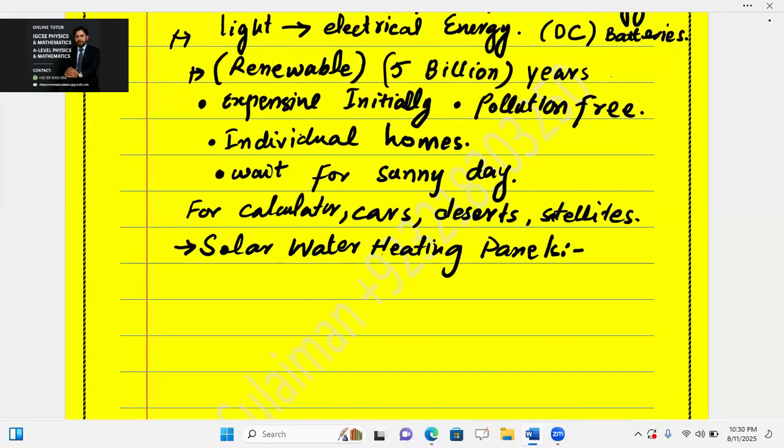They are basically just black water pipes inside a glass box.